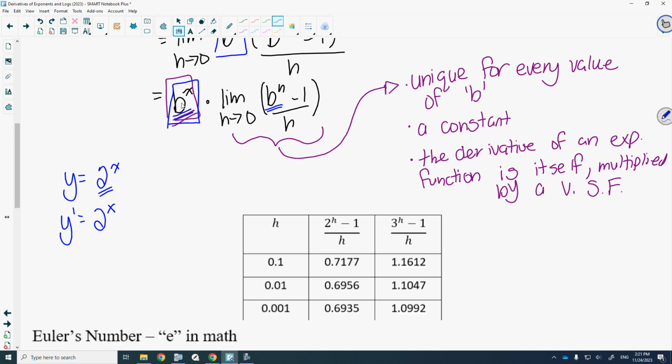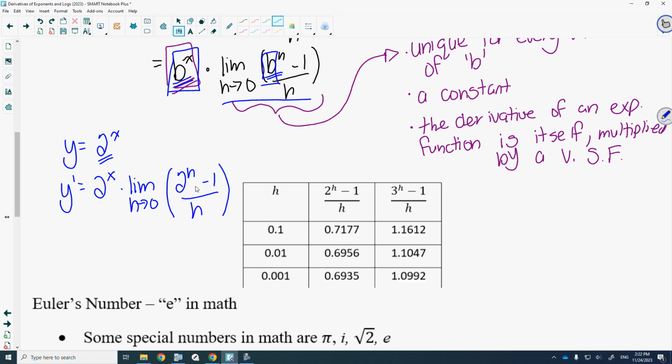And then I need to multiply that by the limit as h approaches 0 of 2 to the h minus 1, all over h. Now, in order to calculate what this value is, I could take values really, really close to 0, right? So I could take h as 0.1 or 0.01, 0.001, and I could find out what this limit is.